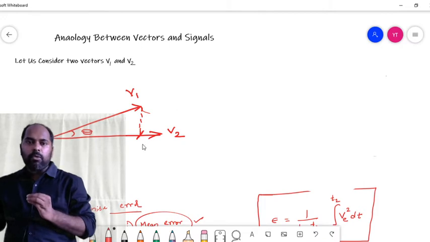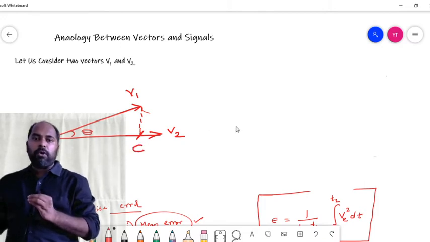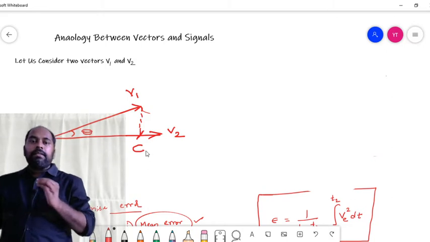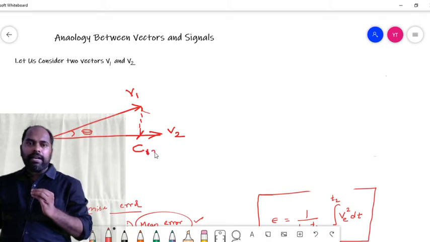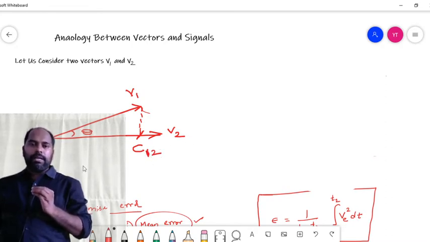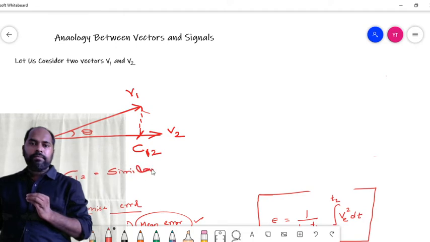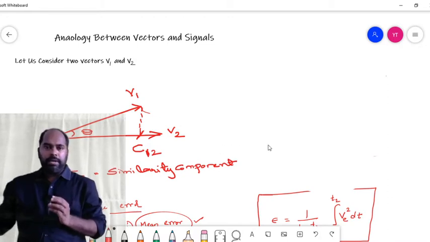This point I am going to call a component, represented with C. The component of vector v1 on vector v2 is called C12. C12 is nothing but the similarity component, right?